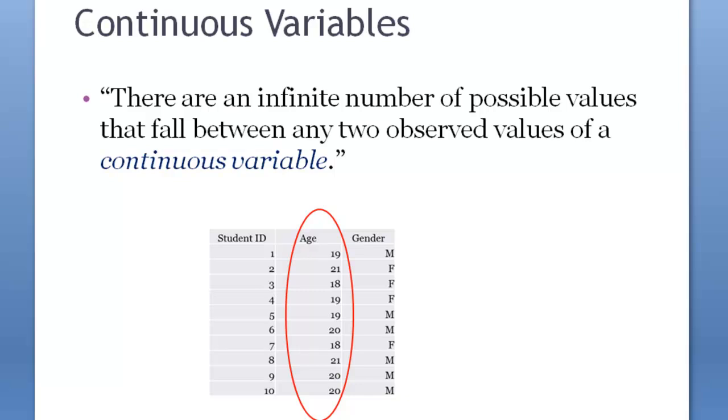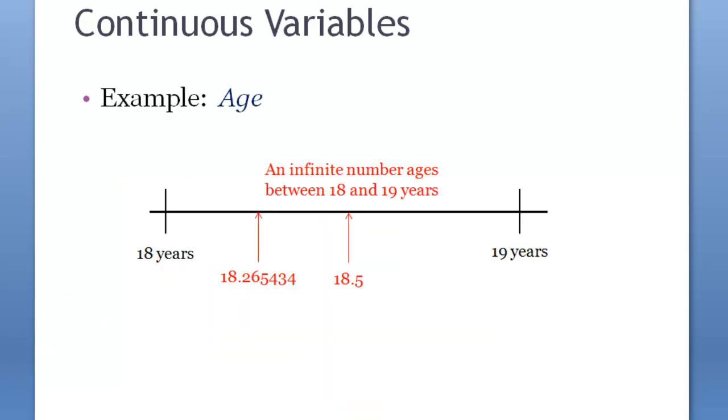So that means there are infinite, countless numbers of points you can have in between two points. Those variables are called continuous variables.